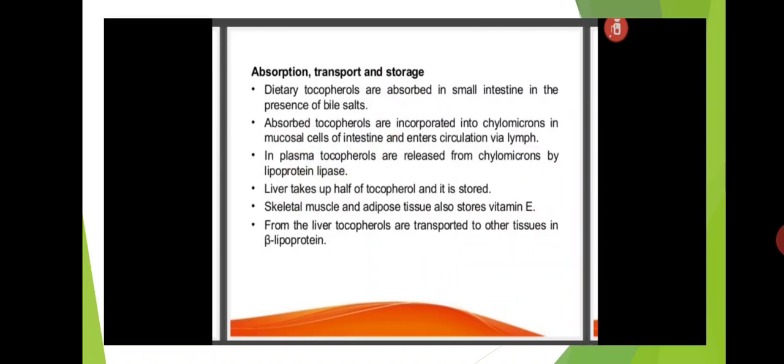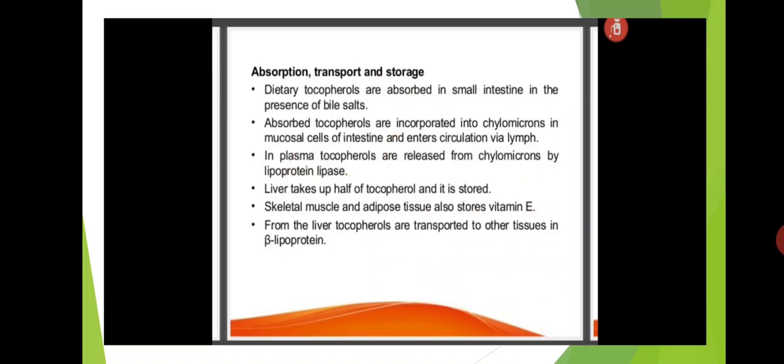Absorption, transport, and storage of vitamin E. Dietary tocopherols are absorbed in the small intestine in the presence of bile salts. Absorbed tocopherols are incorporated into chylomicrons in mucosal cells of the intestine and enter circulation via lymph.